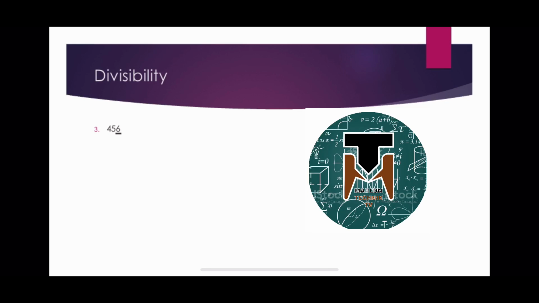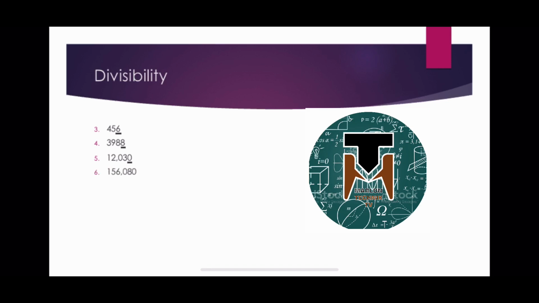So therefore, it is divisible by 2. 3,988, it ends with 8, so it is also divisible by 2. Number 5, 12,030, is divisible by 2 because it ends with 0.